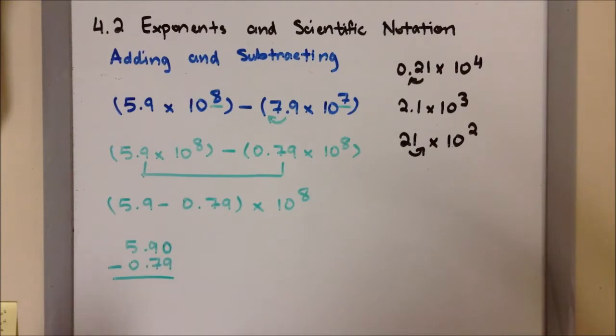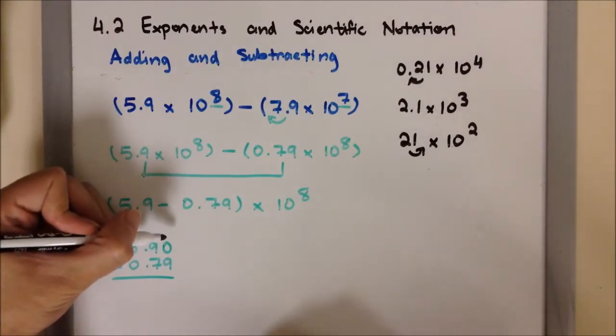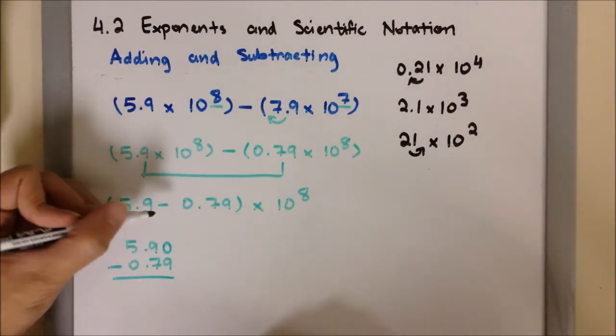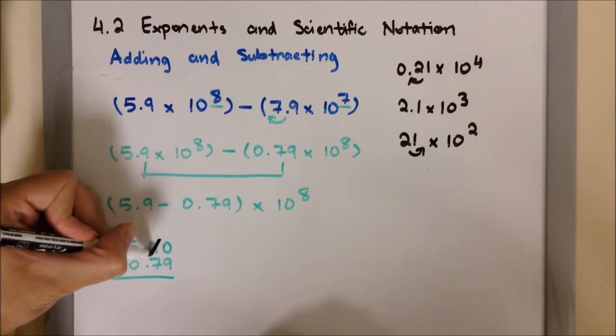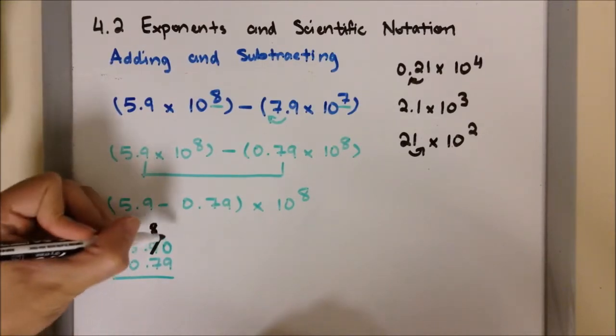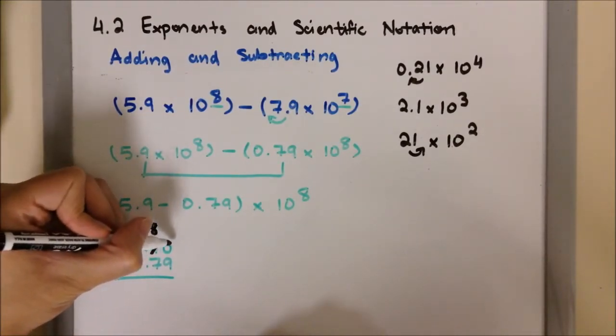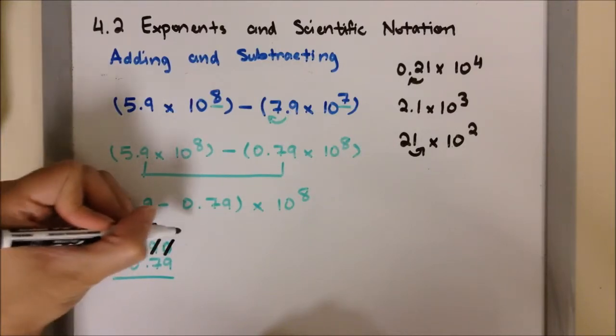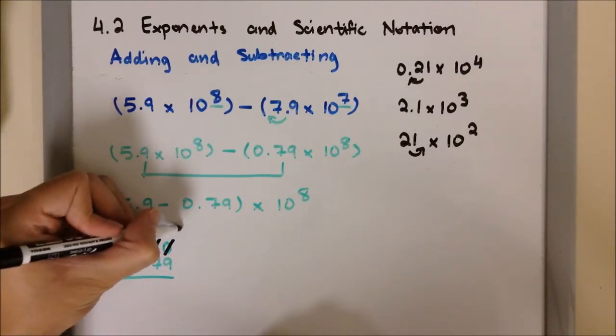Alright, so if I were to work this out, it's 0 minus 9. When we're subtracting this way and 0 is less than 9, I'm going to change 0 into 10. In order to do that, I'm going to take 1 from 9, making this 8. The 1 that I took away, I'm going to add to the 0, making it 10.